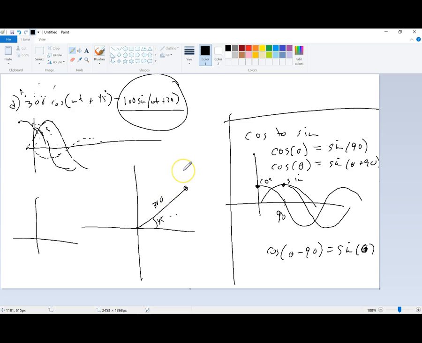Right, so that's the first component. And the second component is minus 100 sine omega t plus 30. Now again, sine is, according to this, sort of lagging the cosine, right? Yeah. So that means the sine is over in this direction. If you did 30 degrees here, right?